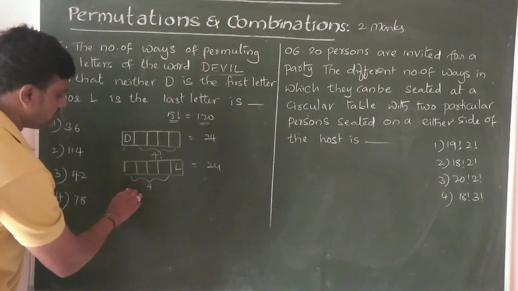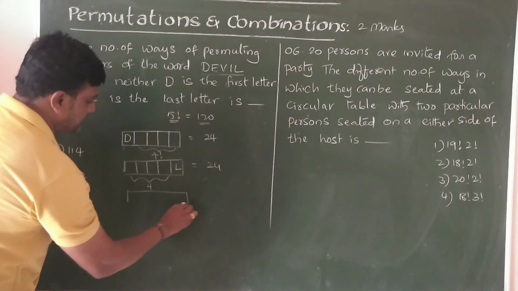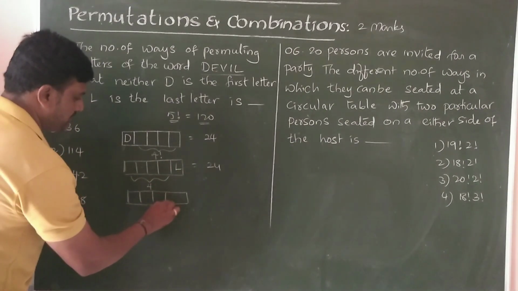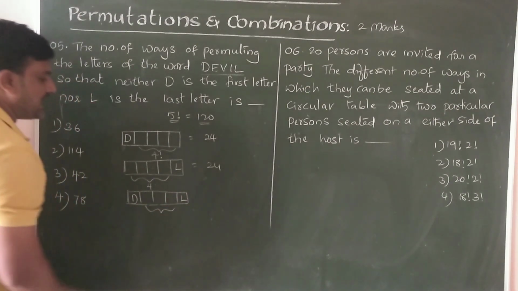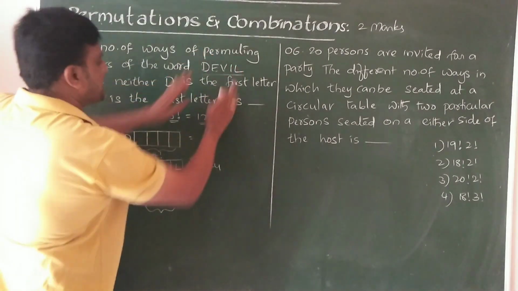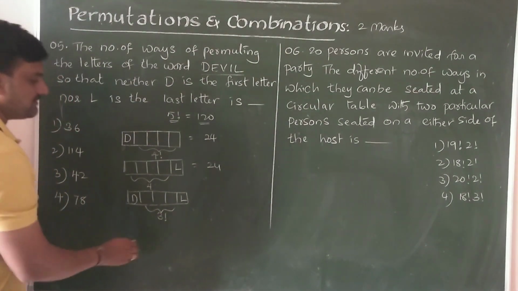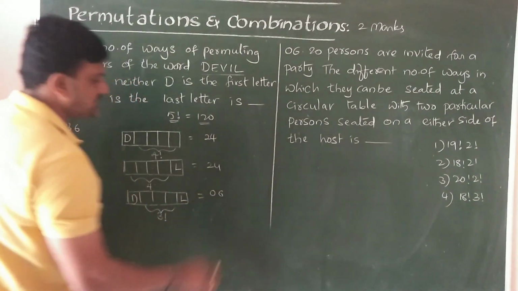Okay. Now how many begin with D and end with L? 3 blanks filled by 3 letters in how many ways? 3 factorial ways. So that is 6. Okay.